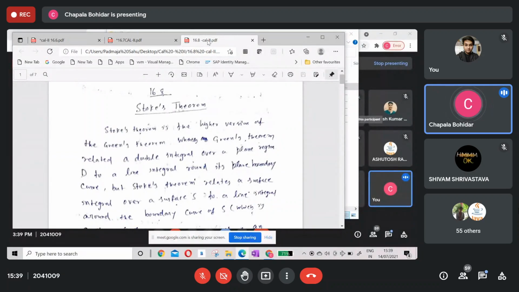Stokes theorem is the higher version of Green's theorem.